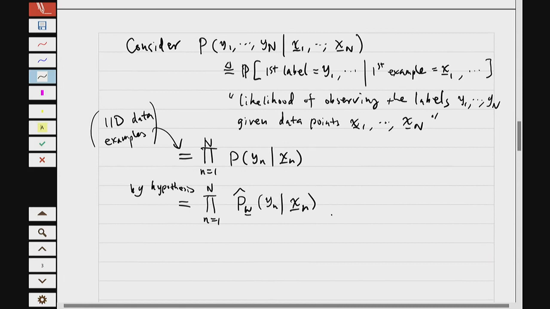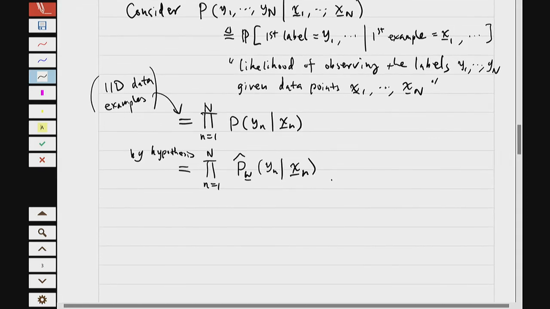So we have the opportunity now to choose a W so that this probability is maximized. In other words, the likelihood of seeing what we have been given is maximum. In that case, we will say this W is a good choice, right? This W fits what we expect because we are given this data set. If this W really generates the data set with high probability, then this is probably a good W. Make sense? So that's our goal.